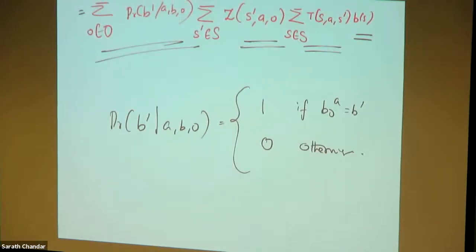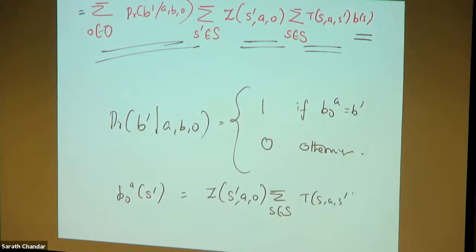Now, this B^O_A of S dash tells me my updated belief for state S dash. This is basically Z of S dash, A, O times the summation over S belonging to S of T of S, A, S dash times B of S, divided by the probability of O given A comma B.